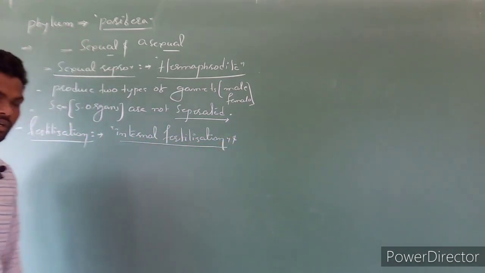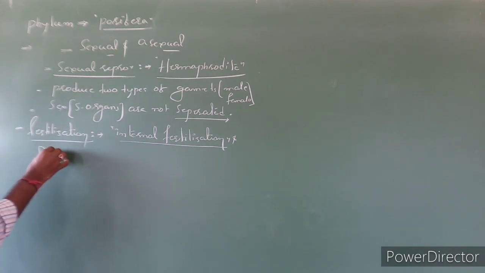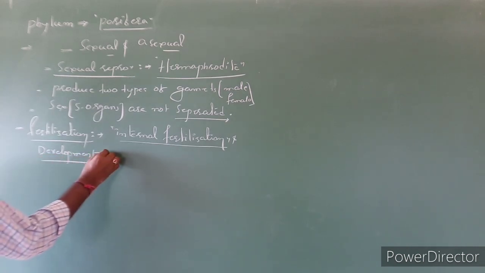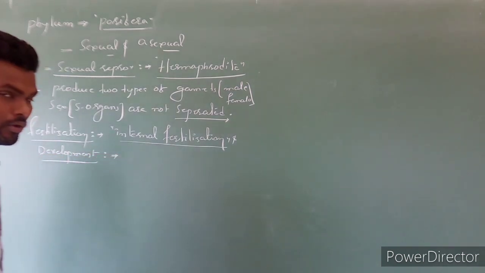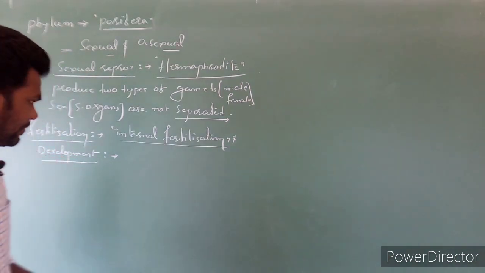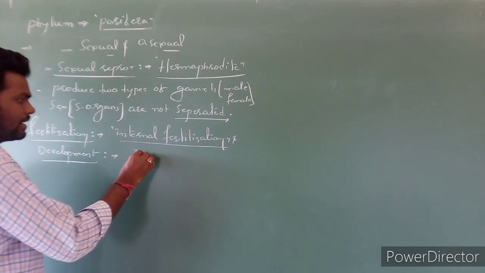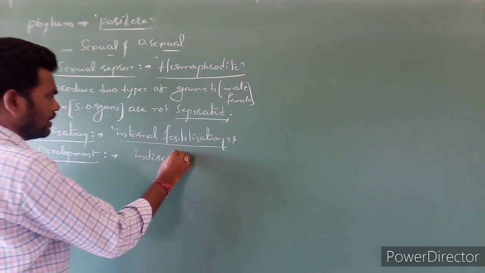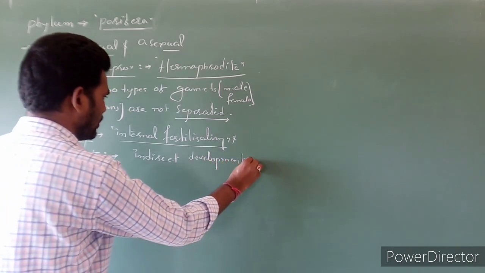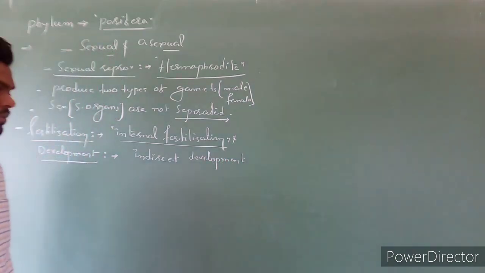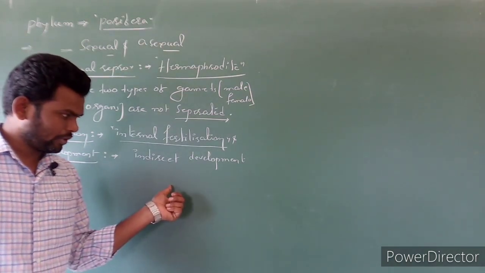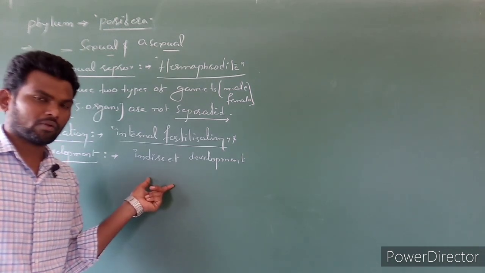Next, development. The development is mainly of two types: direct development and indirect development. In this case, the development is indirect development. What is meant by indirect development? During the development of the embryo, the immature embryo stage we can call the larva stage.